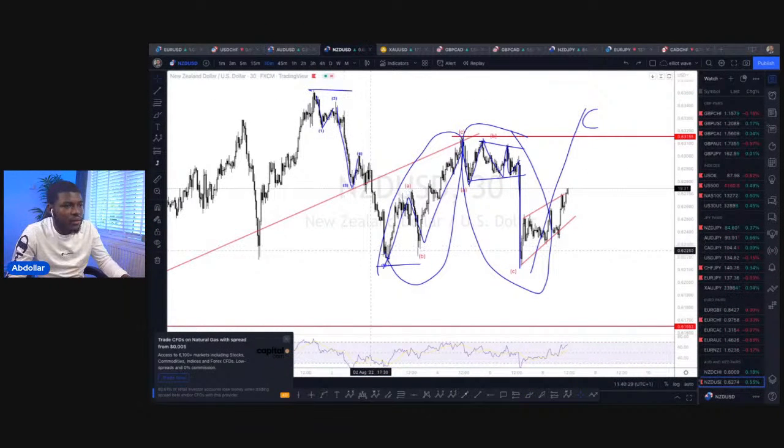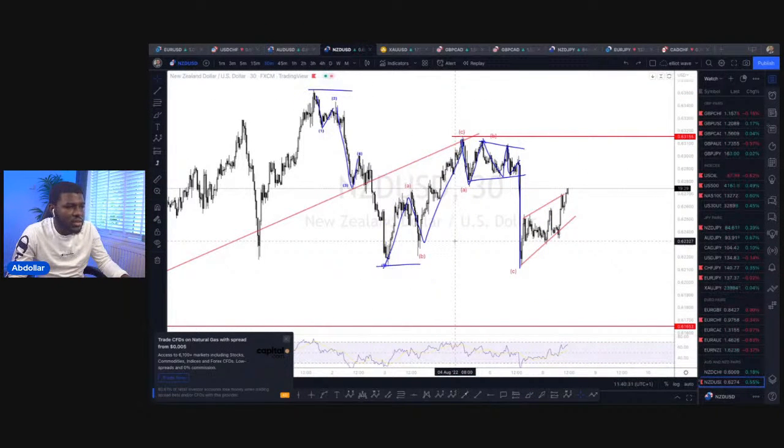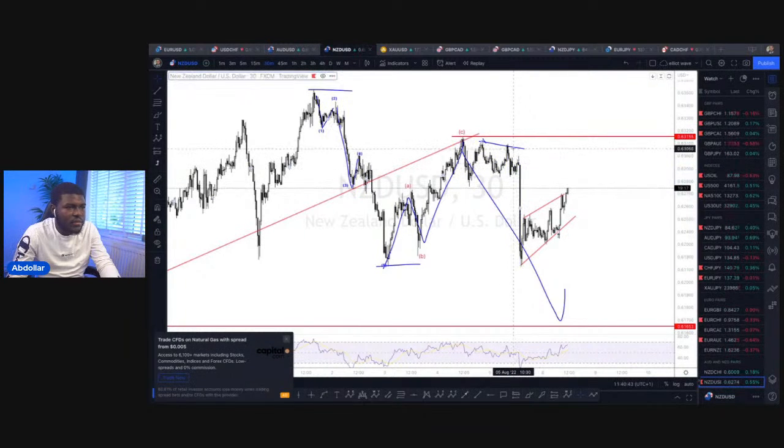So that's that for New Zealand USD. Quite similar to the analysis we have on Australian USD. Very, very similar to the analysis we have on Australian USD.